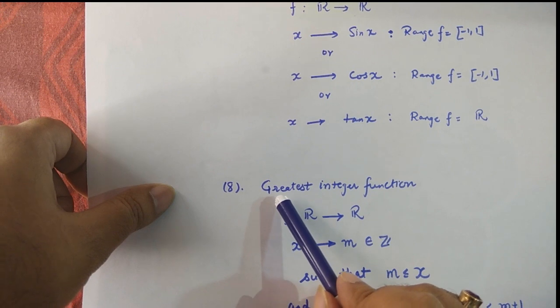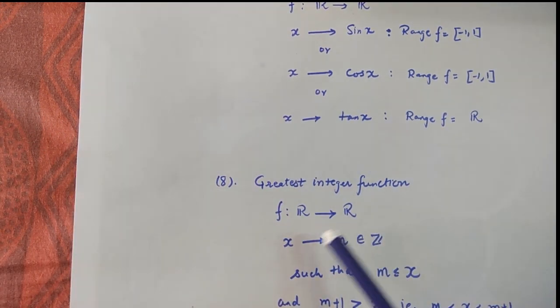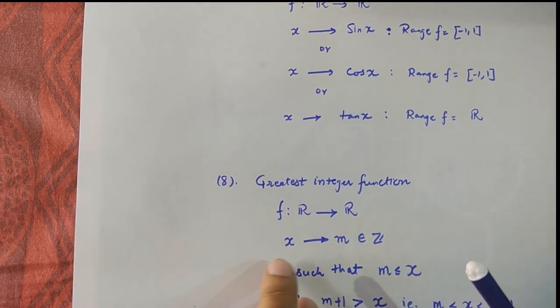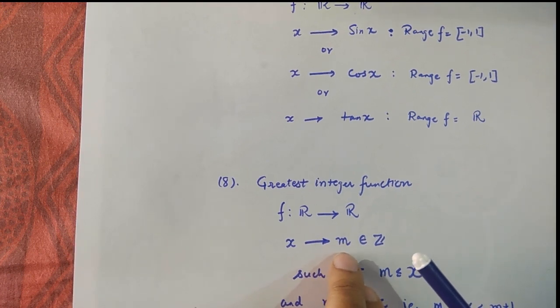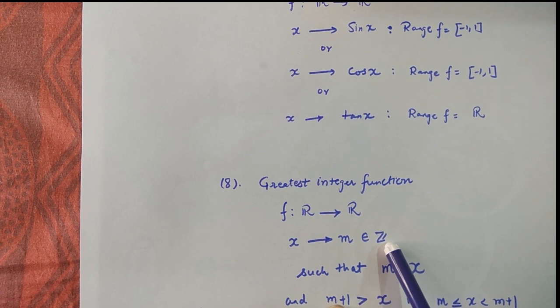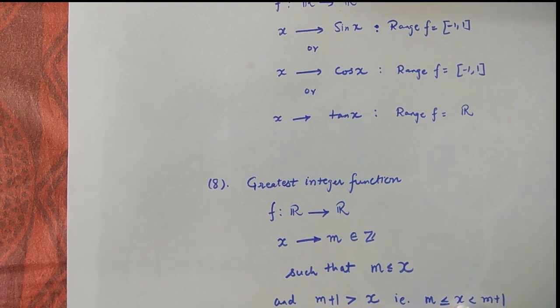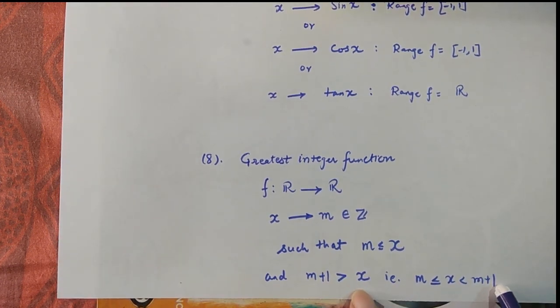Next, let us consider what is called the greatest integer function. Here also f is a map from R to R such that the number x gets mapped onto an integer m. So m belongs to the set of integers denoted by Z, with the following property: m is less than or equal to x, and x is strictly less than m plus 1.